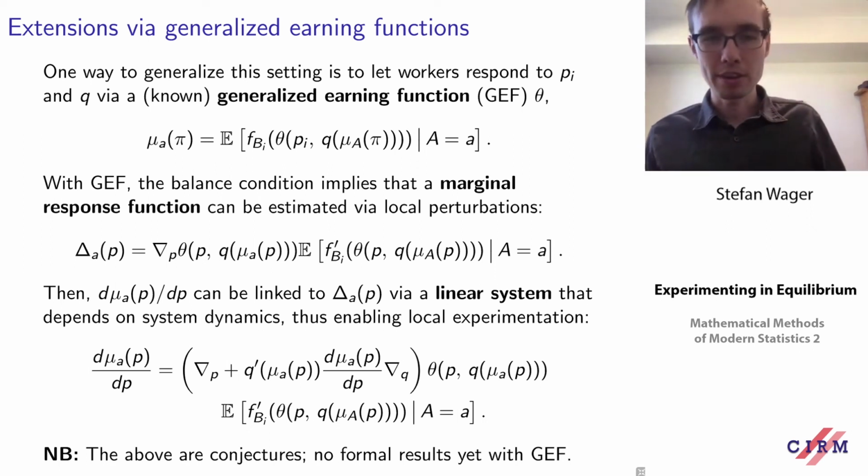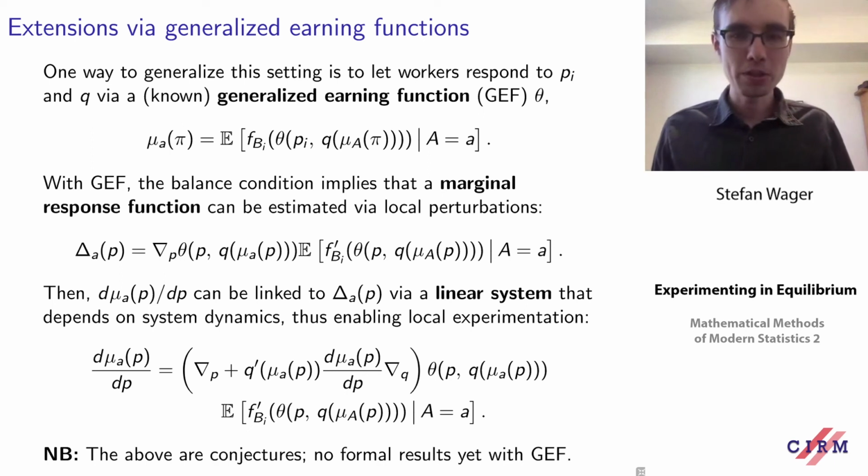You can define micro perturbations, define the marginal response function, and then you can run similar calculations on the mean field limit and find this kind of system that you can use to solve the QMU-DP. I should emphasize that in this general case, we haven't done everything formally yet.